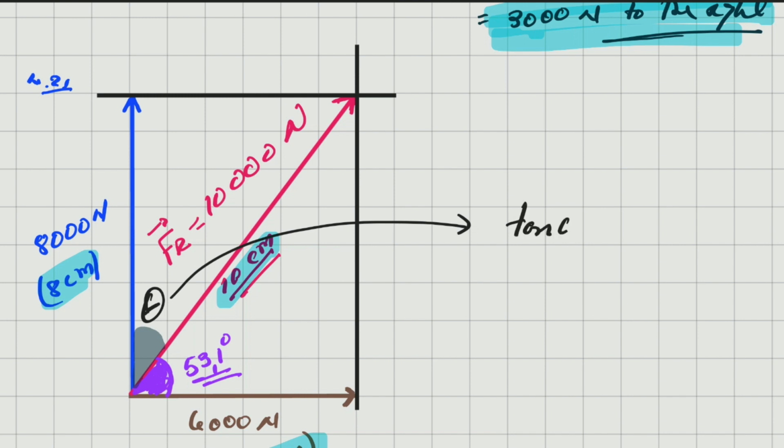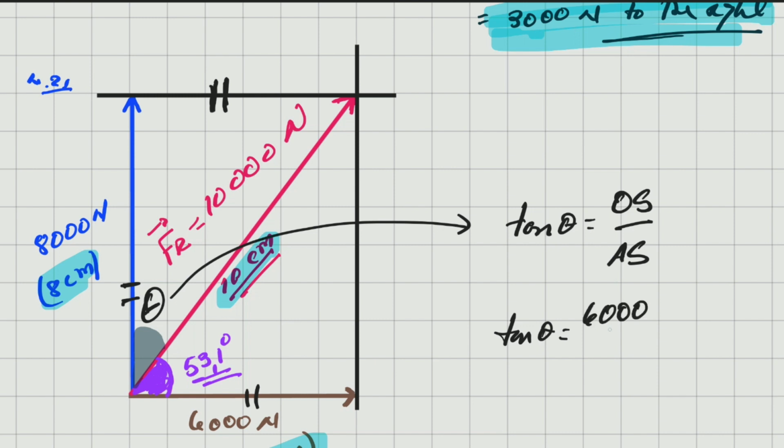Remember, tan theta is equal to the opposite side divided by the adjacent side. The opposite to the angle is this side here. I hope you're looking at what I'm marking. This one is the opposite side, which is equivalent to 6,000, and the adjacent side is this 8,000. So tan theta will be equal to 6,000 divided by 8,000.